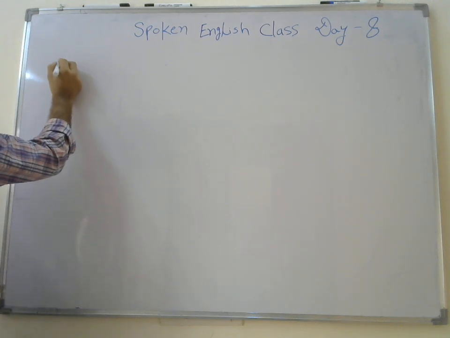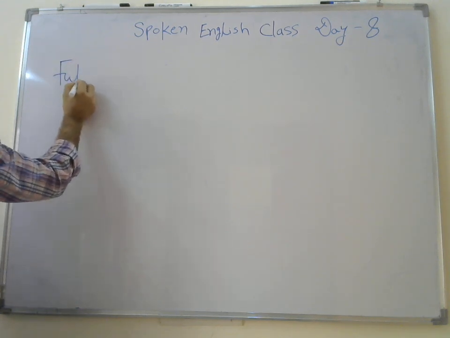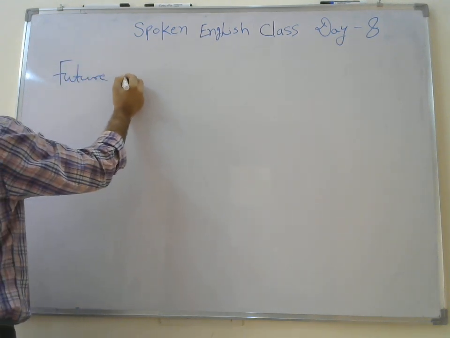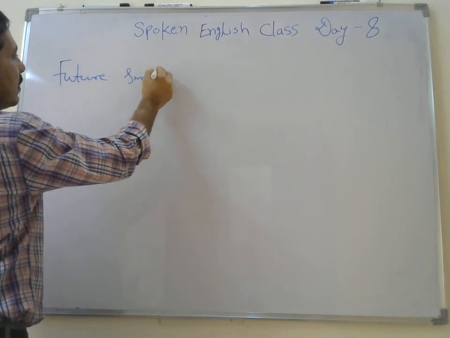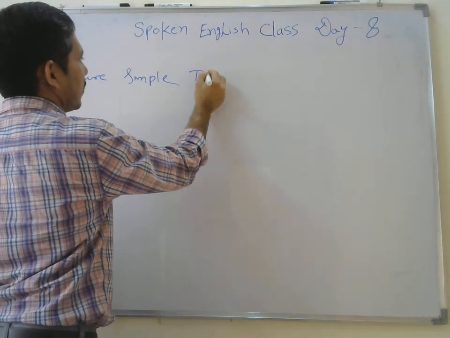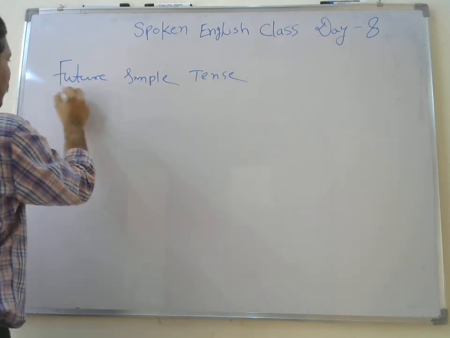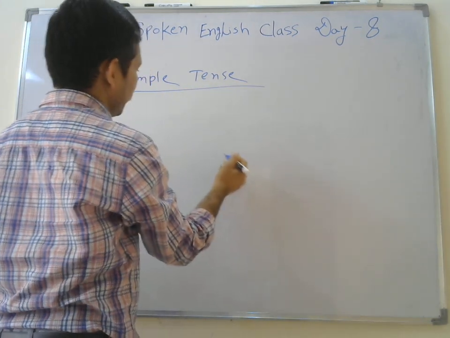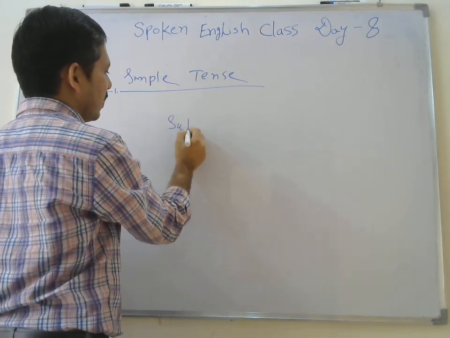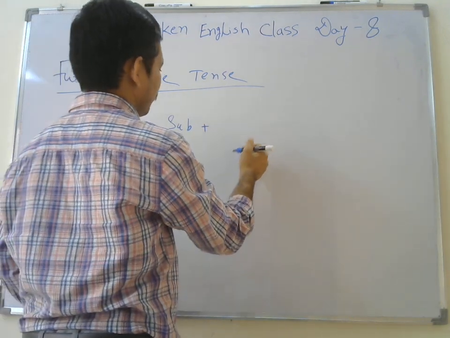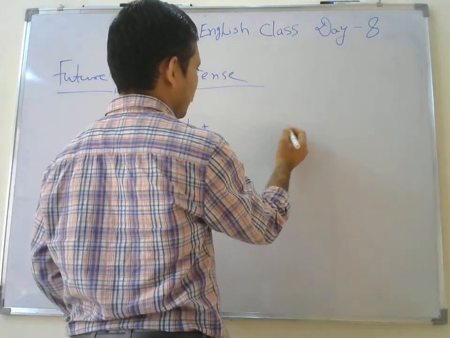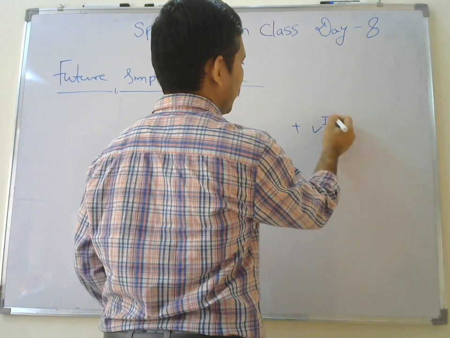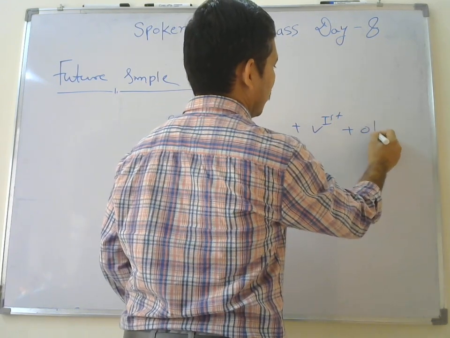Now we'll study your future indefinite or simple tense. So this structure is actually very simple. Subject, and here, friend, the helping verb, verb first form, and the object.